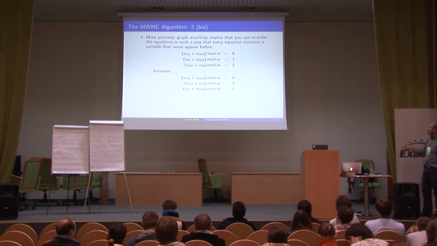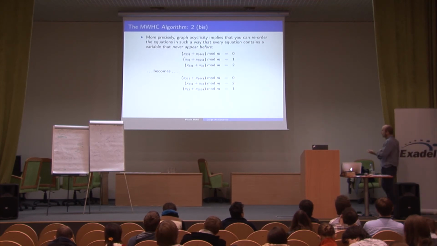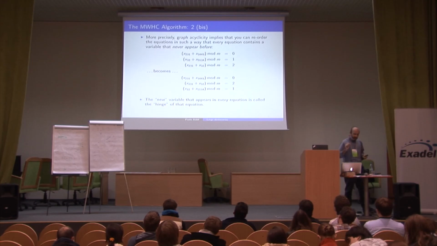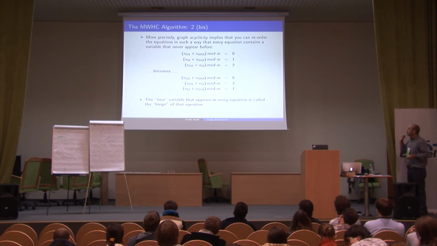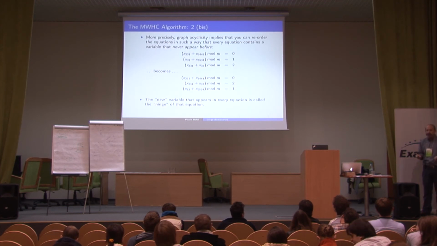Because for the first equation, you can do whatever you want. For example, you can assign 0 to both variables. For the second equation, one variable has already been assigned, but the other one is free, so you can assign it in such a way that the equation is true. And you go on like this. You following me? So it's easy. Well, almost easy. Actually, it's easy. And this new variable is called the hinge of the equation. So the hinge of the equation is the free variable. If there are two, you choose one of the two.